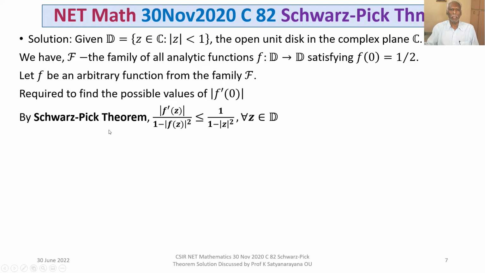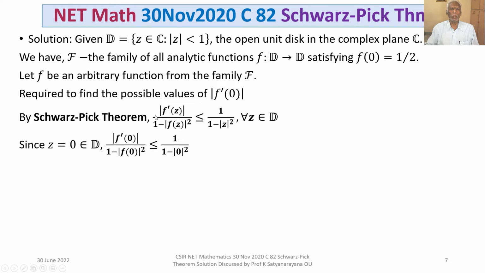The theorem says mod of f prime z by 1 minus mod f of z square is less than or equal to 1 by 1 minus mod z square, and this is valid for all z belongs to D. And z equal to 0 being the center of the open disk D, it is also valid for z equal to 0.